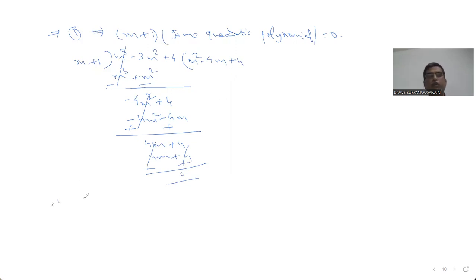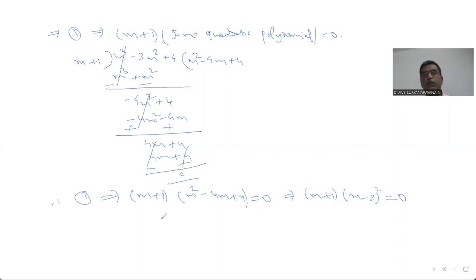Okay. Therefore, our equation 1 is now expressed as m plus 1 into this quadratic polynomial m square minus 4m plus 4 equal to 0. Now clearly we know that m square minus 4m plus 4 is nothing but m minus 2 whole square. So this is nothing but m plus 1 into m minus 2 whole square equal to 0. So clearly minus 1 is one root and 2 is a repeated root.